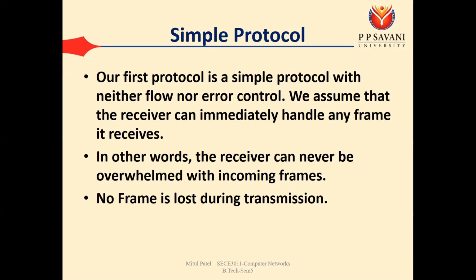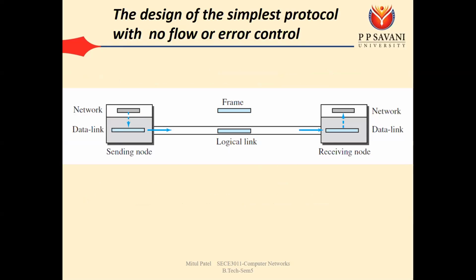So data પણ corrupted ના થાય અને packet પણ lost ના થાય. So we can have some best situation, in which no packet loss or no data corruption. Okay, so in other words, the receiver can never be overwhelmed with incoming frames, so no frame is lost during the transmission.